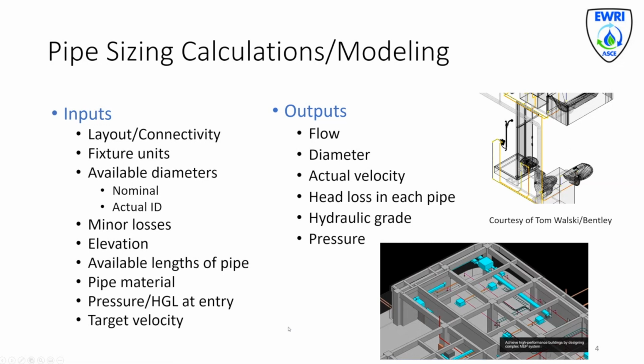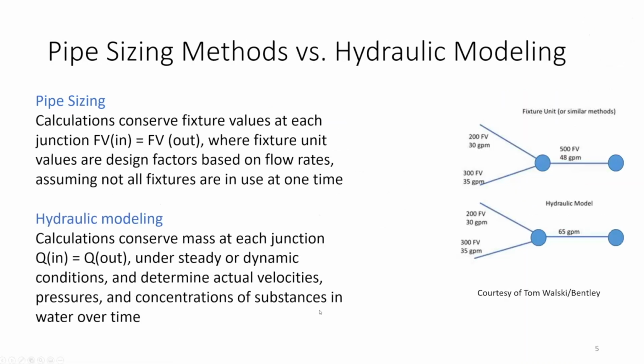Next slide, please. We talk about modeling when we're designing a building and designing the premise plumbing system, but we also talk about hydraulic modeling. This slide is to help clarify that we're talking about two different kinds of modeling.